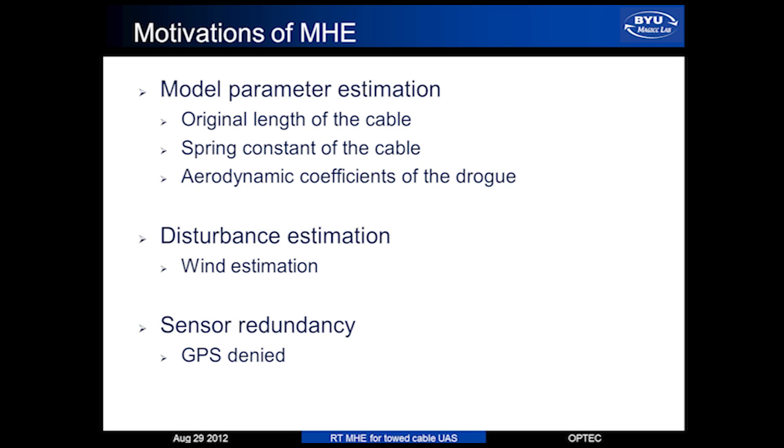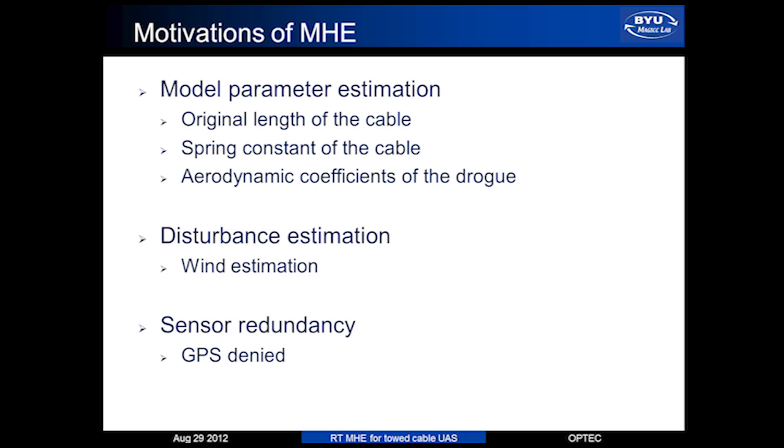We want to estimate that because we want to use the wind estimation to calculate the trajectory for the mothership. Another application is that sometimes, almost always, we have the problem of losing the GPS signals, and that is very significant in the final phase of this aerial recovery.